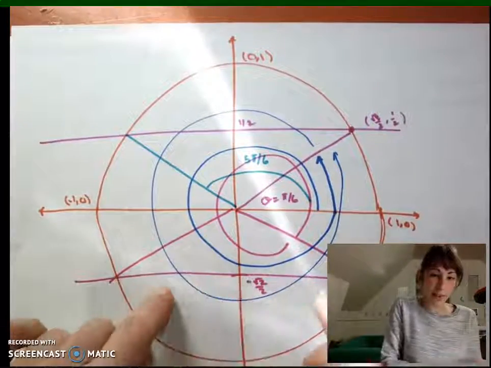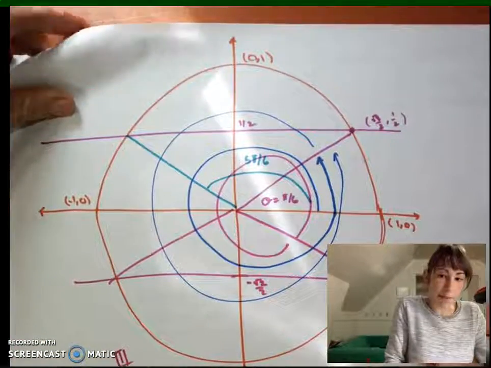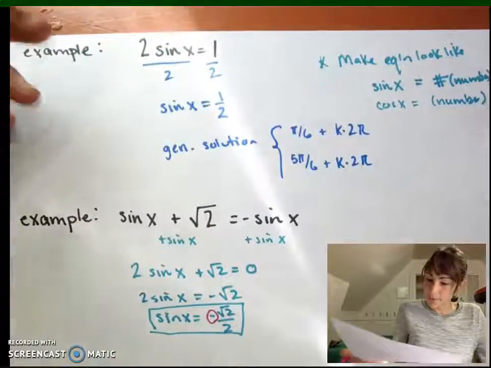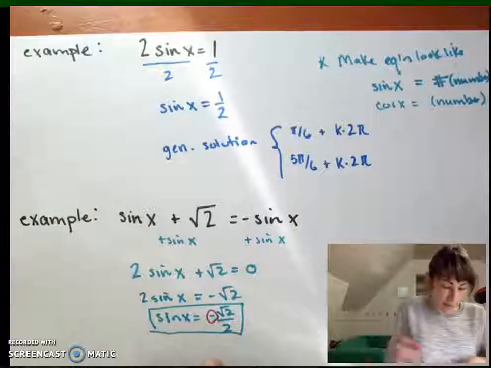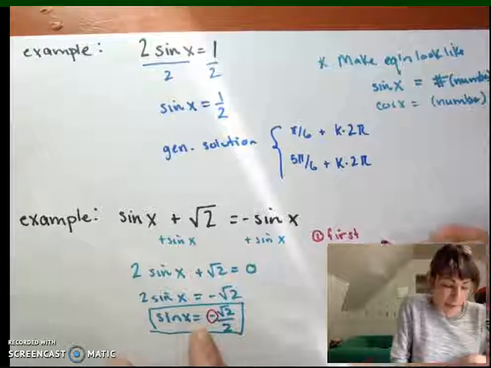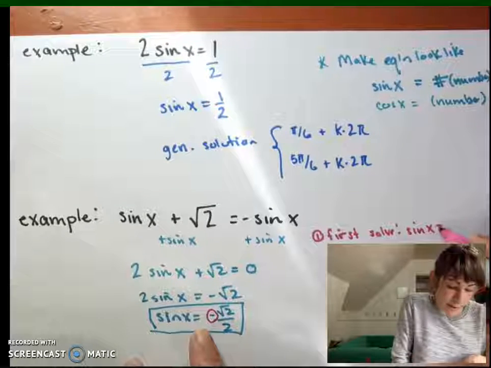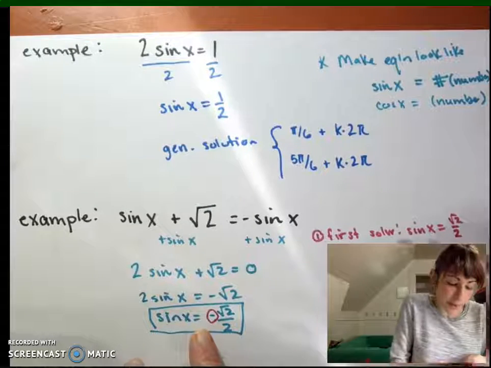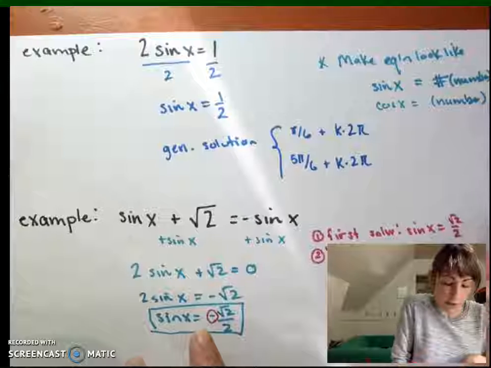So my answers are going to be in quadrants 3 and 4 because that's where sine is negative. But I can use reference angles to solve it by first solving the positive version. So first solve sine of x equals root 2 over 2. And then second, I'll move the answer into the third and fourth quadrants.